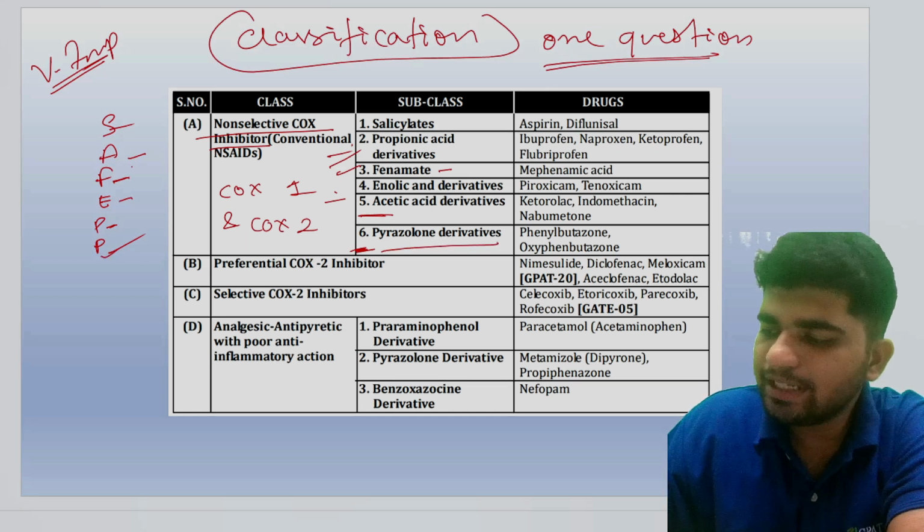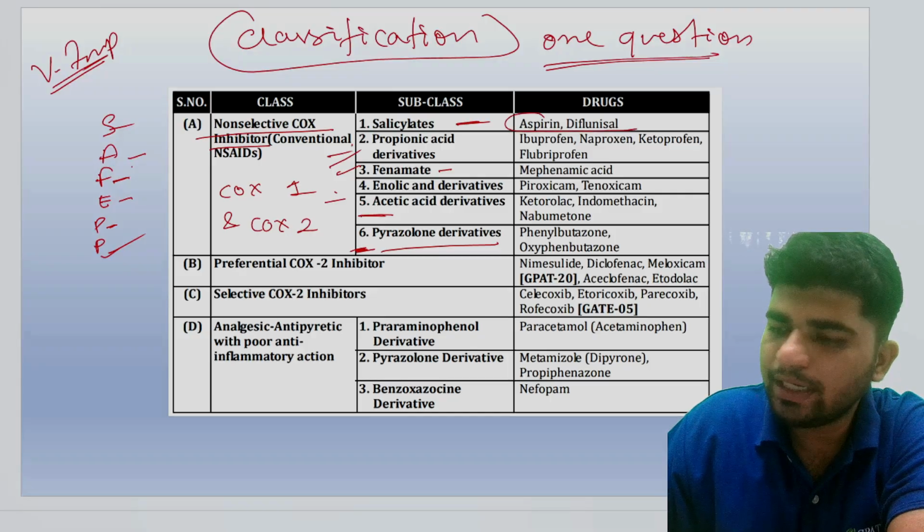Among the salicylates, you will find aspirin and diflunisal.